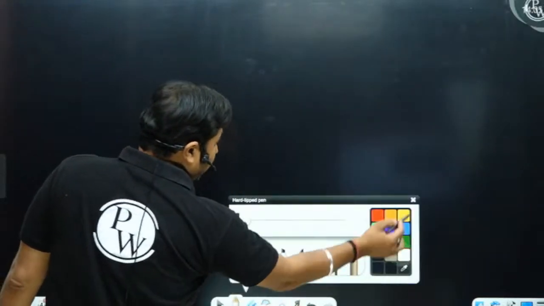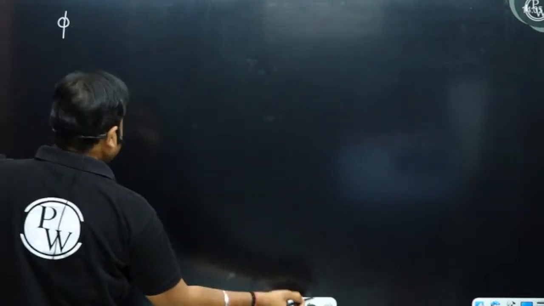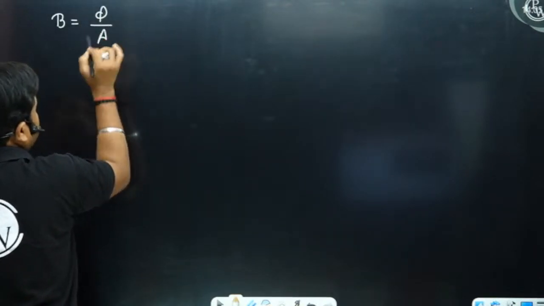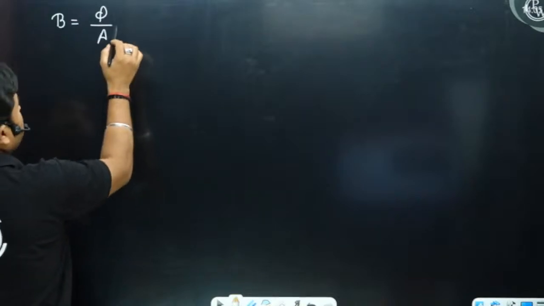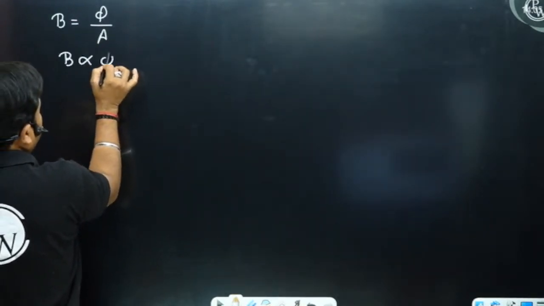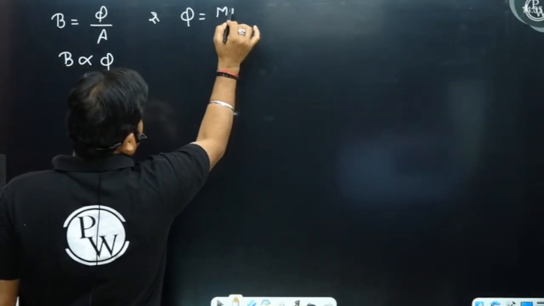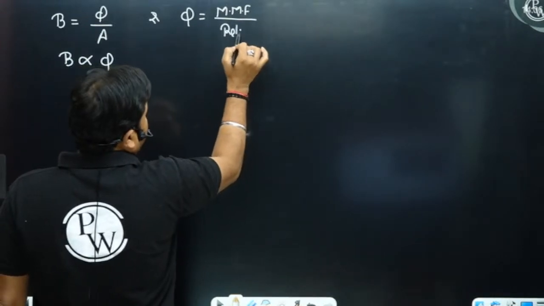All of you are aware that flux density is flux upon area of cross section of the core. There is no change in the area of cross section of the core. This suggests that flux density is proportional to phi, and phi is MMF, that is ampere turn, upon reluctance.